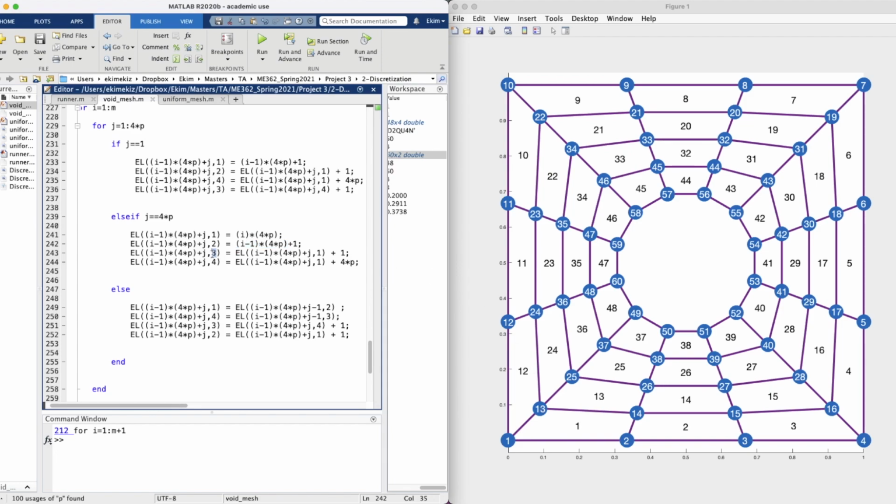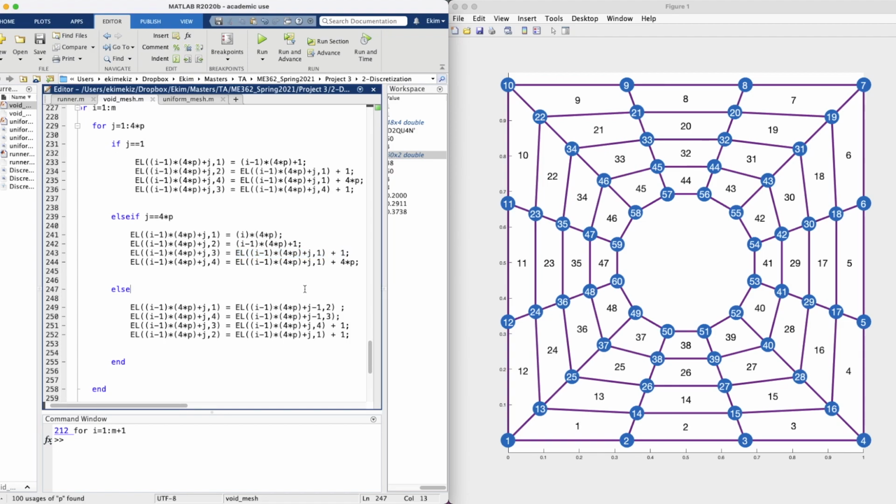And for the third node, we say our third node is our first node plus 1. And you can see that that always works: 12, 13, 24, 25. So what we had for the first node, we paste here and add 1 to it.